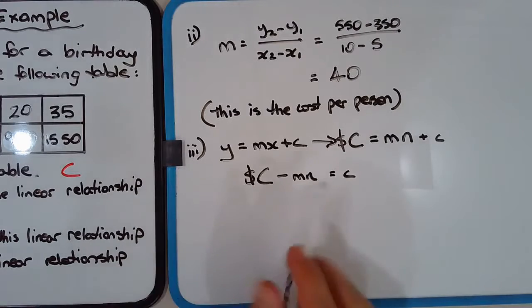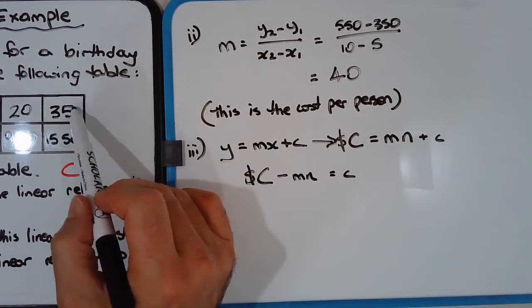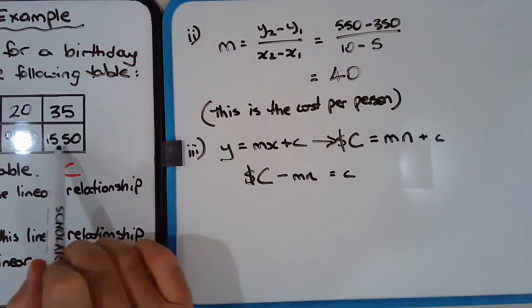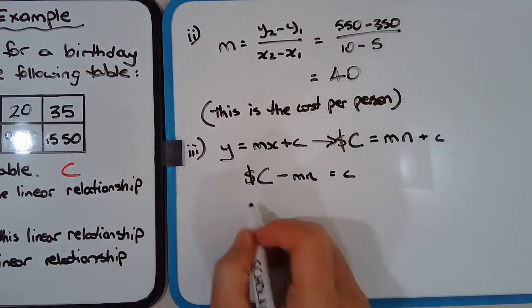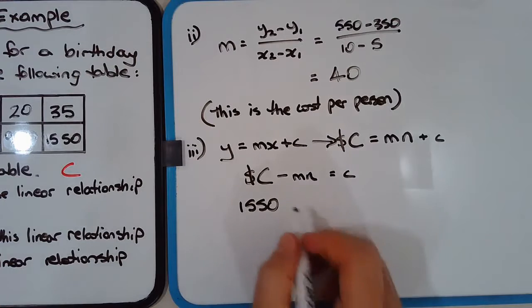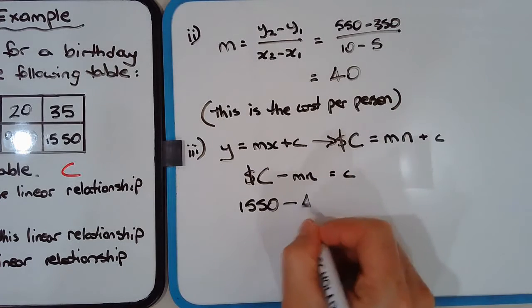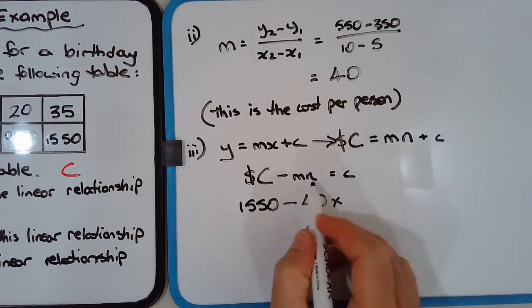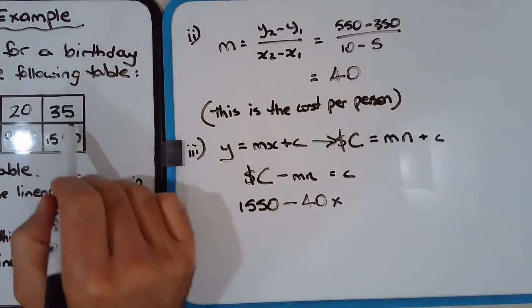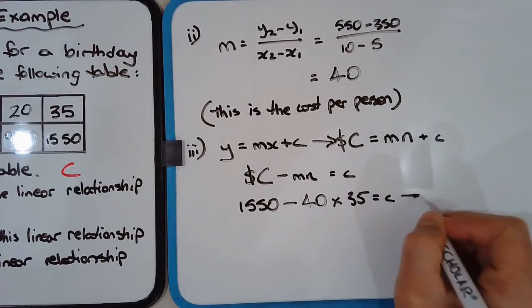Right, let's pick a point. In fact, conveniently, because it's on the screen here, we've got 35 for n, gives us $1,550 for C. So let's substitute these points in. So 1550 minus, now m is 40, that's the gradient, times n, which is the number of people, from this point here, 35, is equal to c.